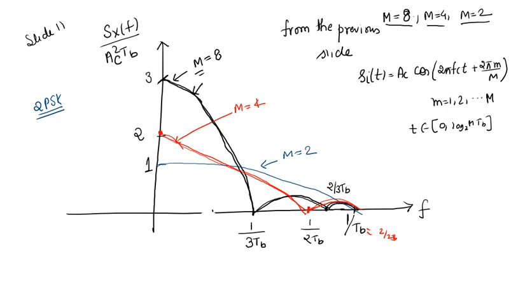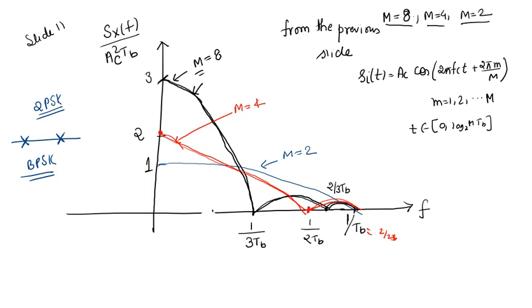In fact, 2-PSK has only one constellation axis, so it is not a quadrature scheme, but still we can draw the diagram of binary PSK, and the formula is the same, so you can plot the power spectral density of binary PSK also.